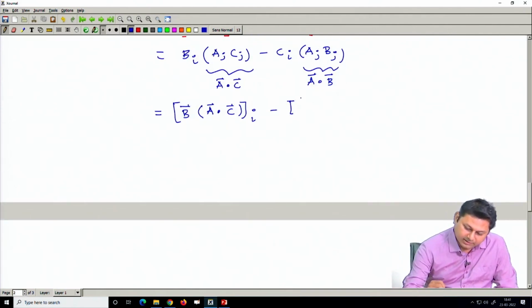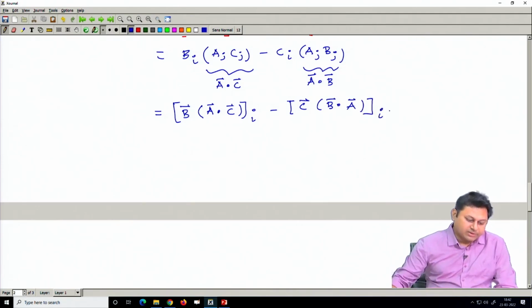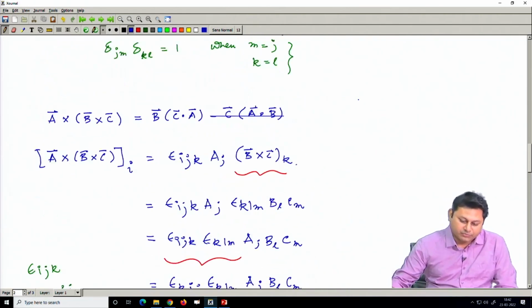So, I can write it as C vector and B dot A or A dot B. This is the ith component. So, this is the thing actually I wanted to prove. You can see that A cross B cross C is B (C dot A) minus C (A dot B).